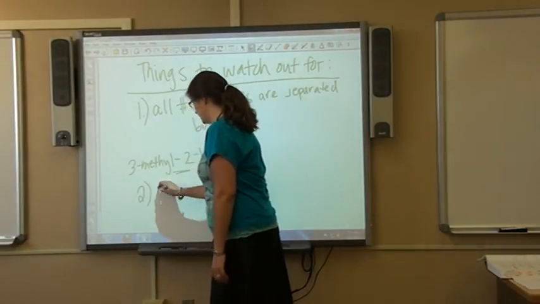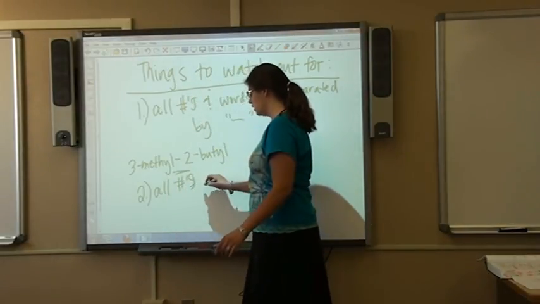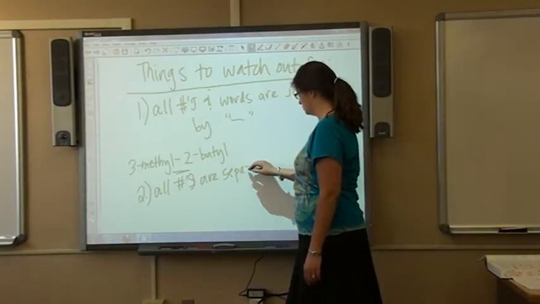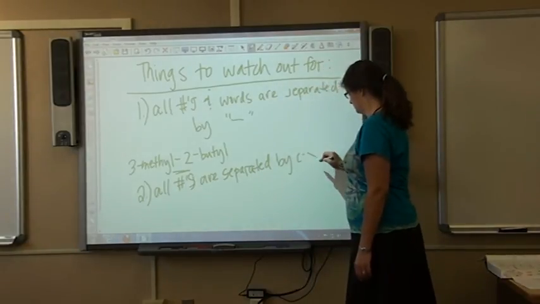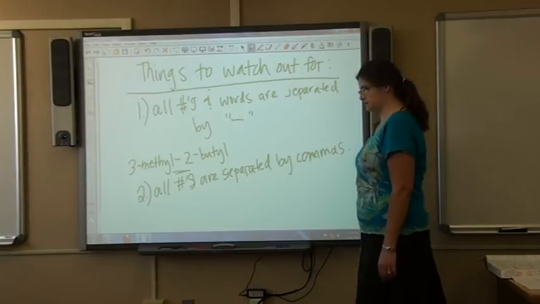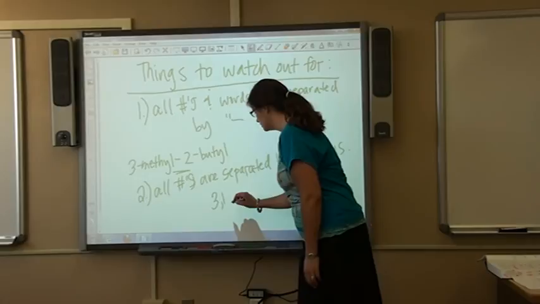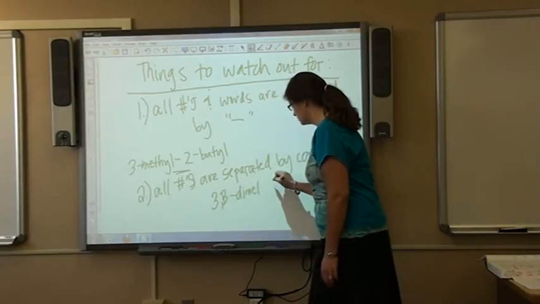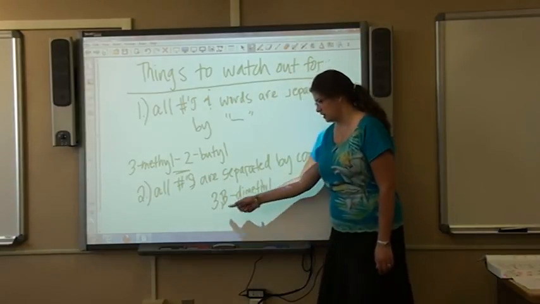The second thing is that all numbers, if you have 2 numbers in a row, all numbers are separated by commas. I have no idea why it does this, and it's so irritating to me. Okay, so if you had something like 3,3-dimethyl, here you have 2 numbers.